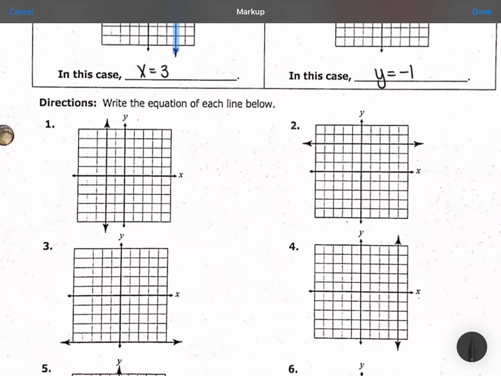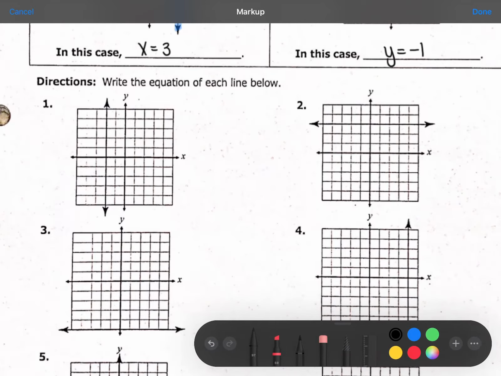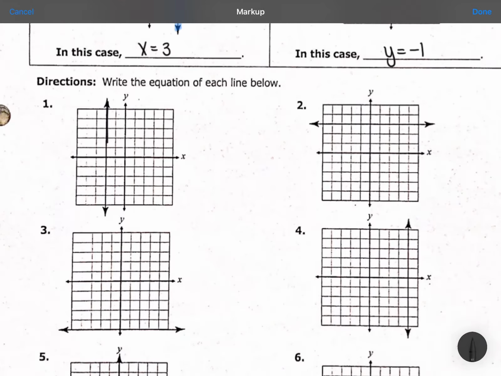If you take a look at these examples down here, it says write the equation of each line. All you have to do is find the line, and if you want to, you can darken those lines so you can actually see them, but you can see the arrows there. Then all you need to do is figure out where it is touching the axis and which axis it is touching, and that will help you determine your equation.